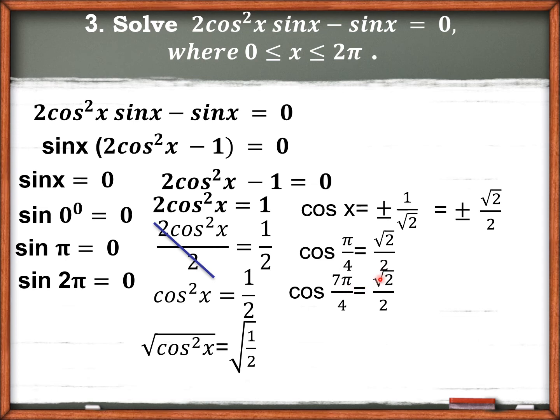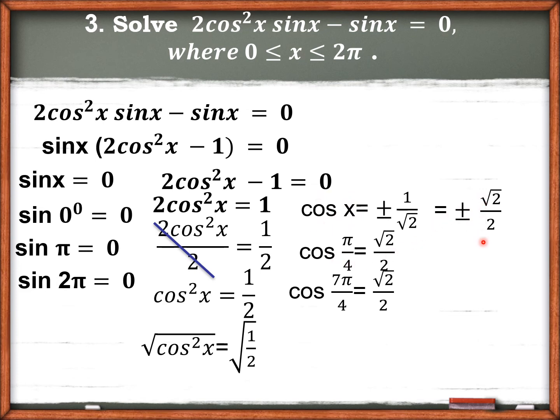So, si cosine ay magkakaroon ng value na positive square root of 2 over 2 kapag yung x natin ay naging pi over 4 or 45 degrees or naging 7 pi over 4 or 315 degrees.